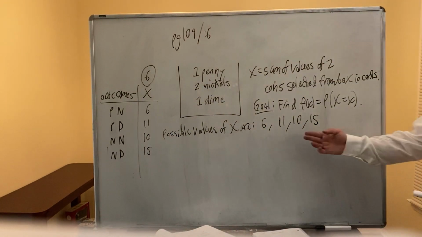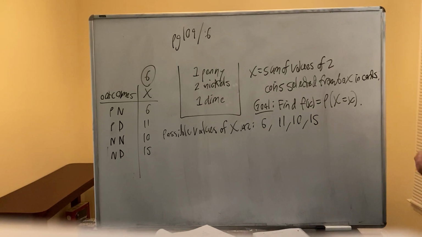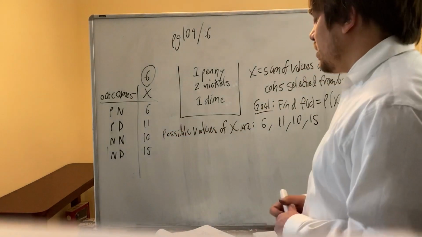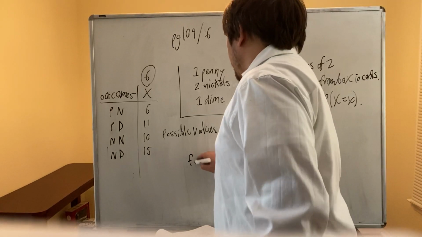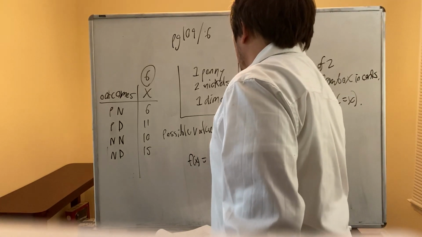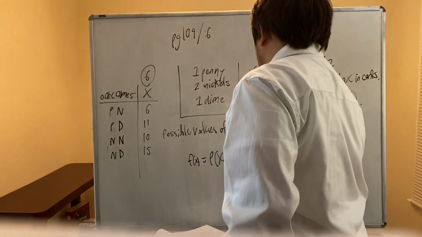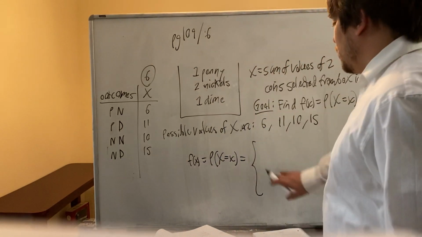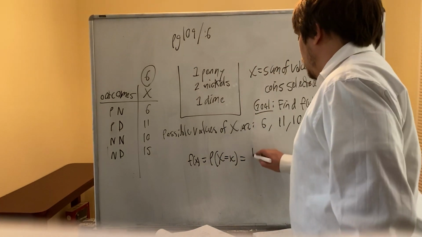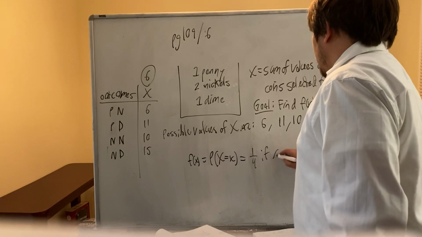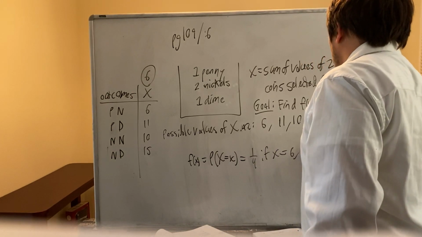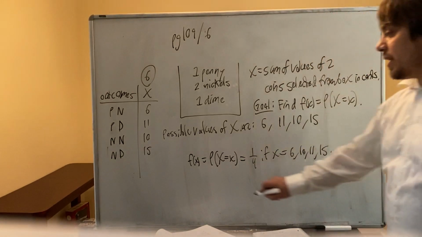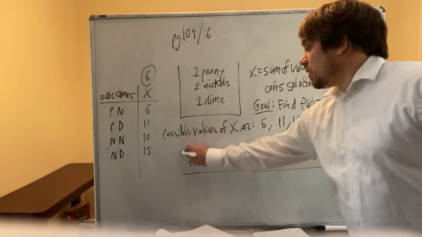And so each of these totals has a 1/4 chance of happening, because each of these 4 is equally likely. And so f of x, which is the probability that capital X equals some little x, is equal to 1/4 if x equals 6, 10, 11, or 15. That's the probability function.